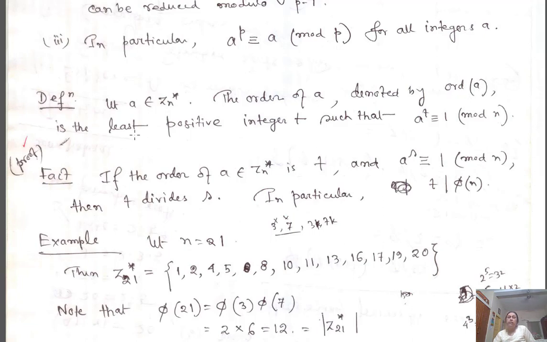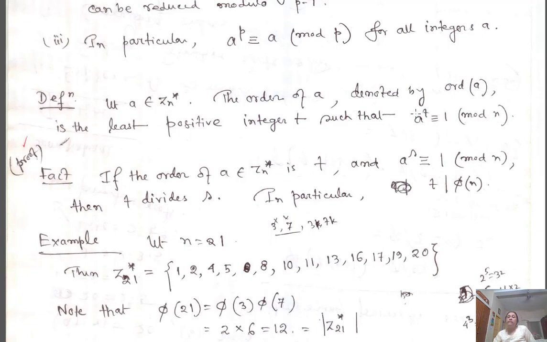This t is a positive integer, and a to the power t is congruent to 1 modulo n; t should be the least positive integer such that this congruence is satisfied. By Euler's theorem, we know that a to the power phi n will always be 1 modulo n.